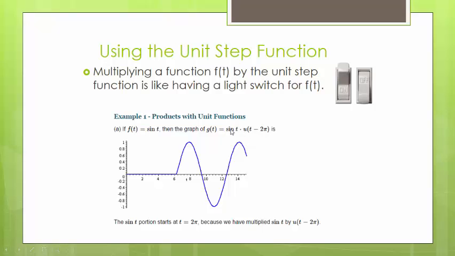So sine will completely be turned off. No energy will go to it until t is equal to 2 pi. Now remember, 2 pi is about 6.28, so you'll notice the function suddenly turns on, and now we have the sine curve. So this function g of t is graphed here between 0 and 2 pi.